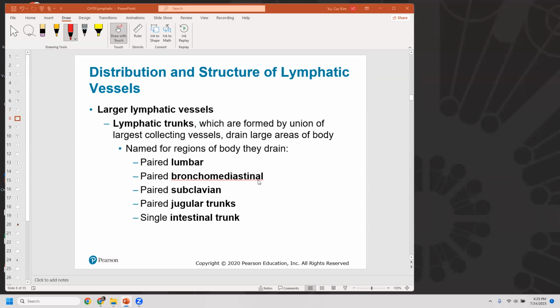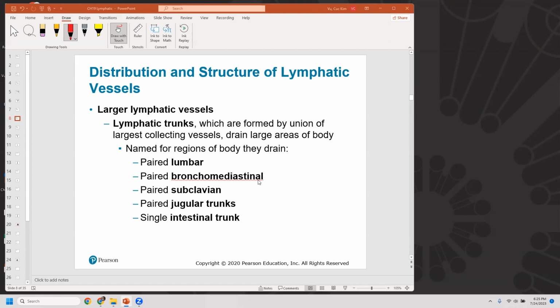All right, so this is memorization, but you do need to memorize that there are 5 main, either single or paired, lymphatic trunks, which form from the smaller vessels.